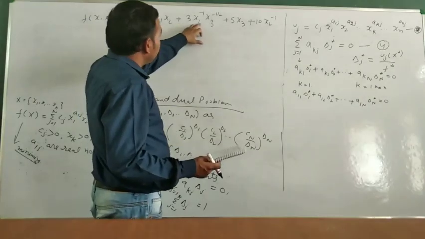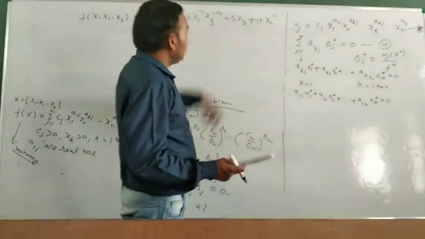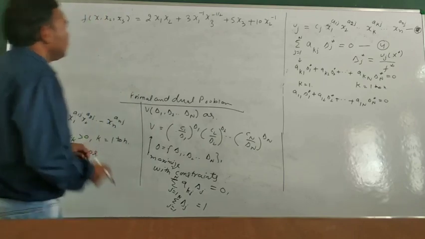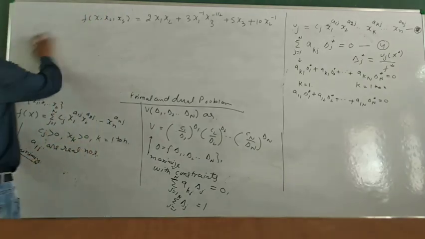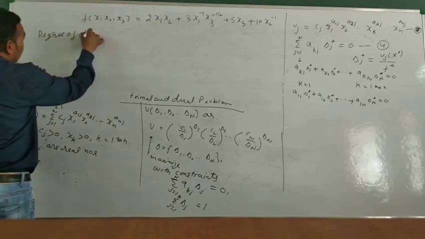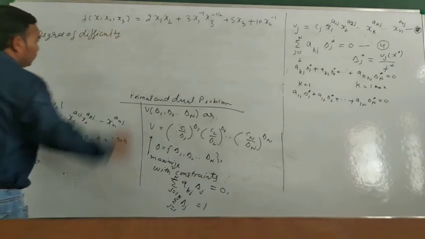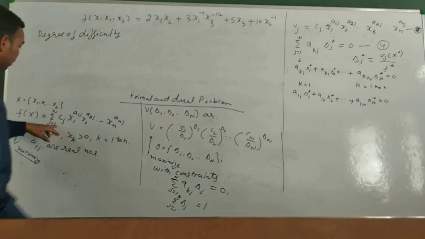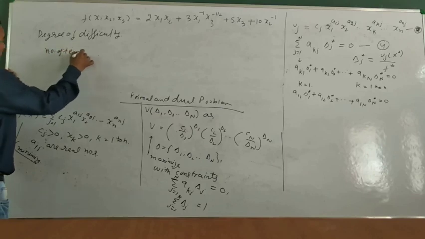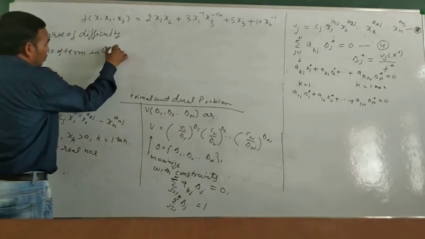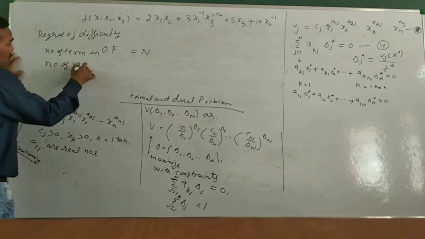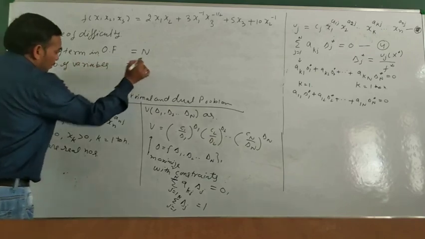First, find the degree of difficulty. See here how many terms in the objective function, the number of terms in the objective function is n, and the number of variables is 3.